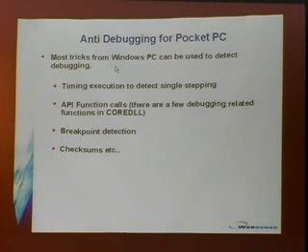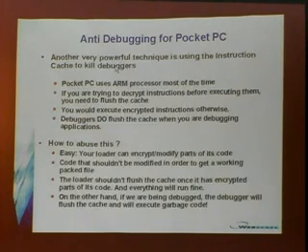And you can use breakpoint detection and checksumming, things like this. But another very powerful technique is using the instruction cache to kill debuggers. Because, as I said, Pocket PC uses an ARM processor, and if you are trying to decrypt instructions before executing them, you need to flush the cache so you can actually execute this decrypted code.